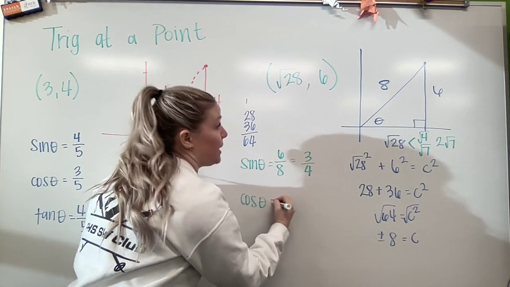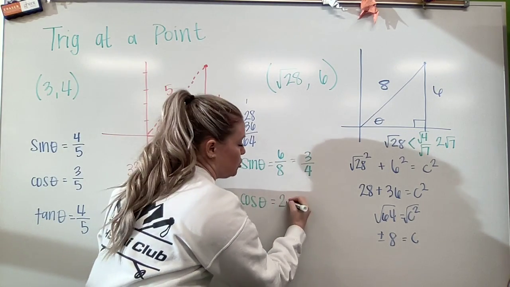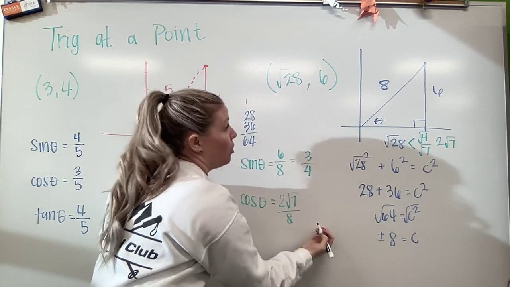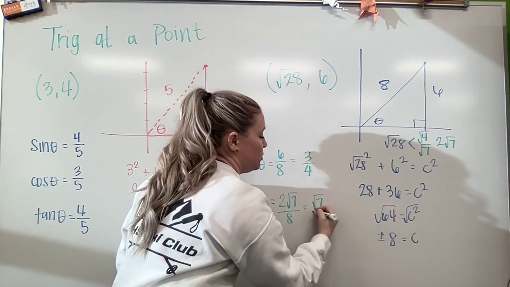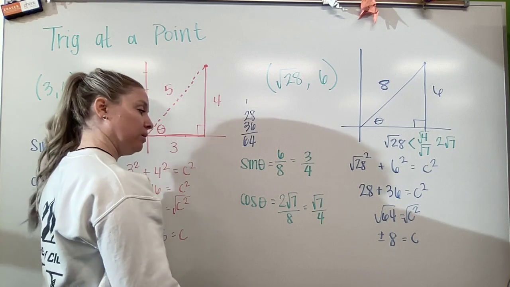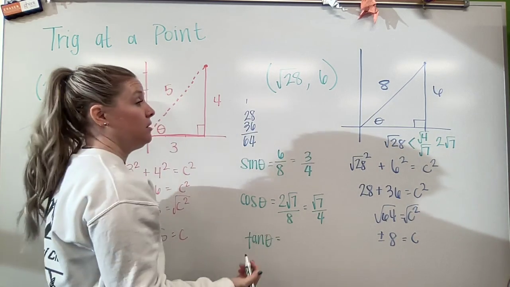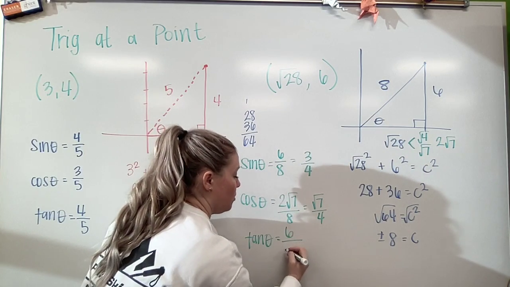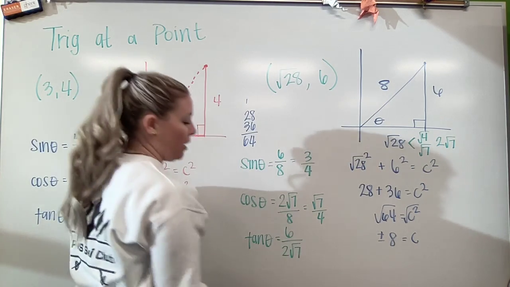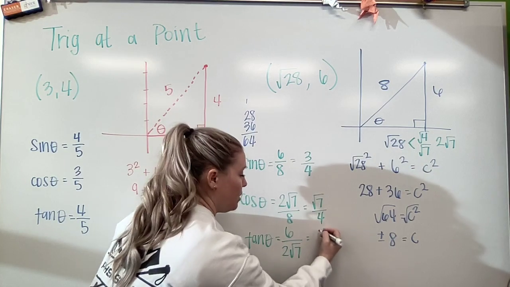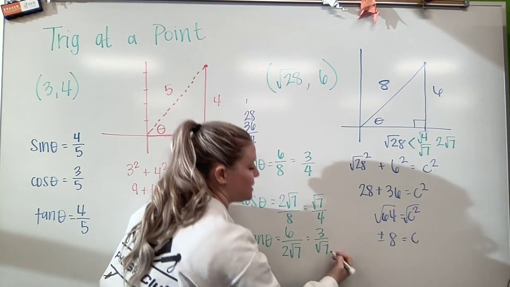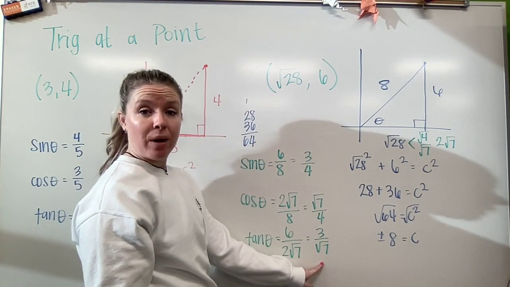Cosine of theta, that's adjacent, so that's 2 root 7 over 8, which will reduce to root 7 over 4. And tangent of theta, this one is 6 over 2 root 7, opposite over adjacent. That's going to reduce to 3 over root 7, and we have to rationalize.